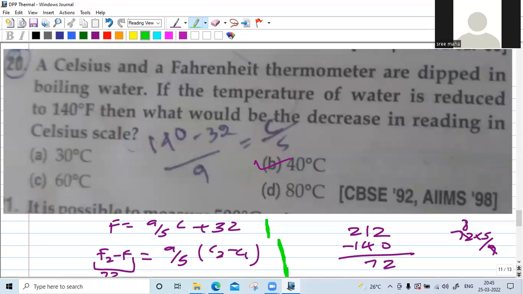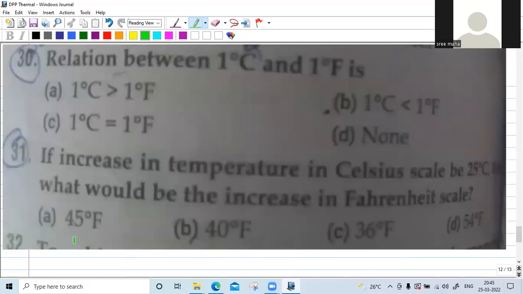Got it? Okay. The relation between 1 degree Celsius and 1 degree Fahrenheit is such a trivial question. You can just use this.